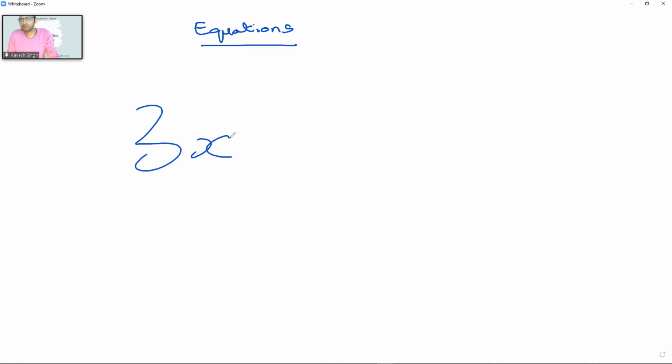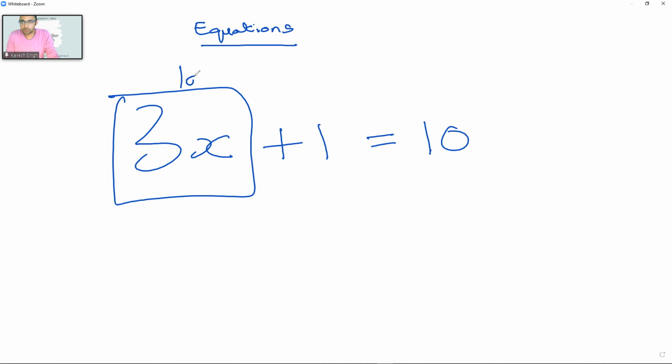Let's suppose now you've got 3x plus 1 equals 10. In this case here, we would do multiplication last. And we would actually do BEDMAS in reverse. Now, if you remember BEDMAS, it's brackets, exponents, division, multiplication, addition, and subtraction. When you're solving equations, you actually go backwards, and you're going to do plus and minus first.